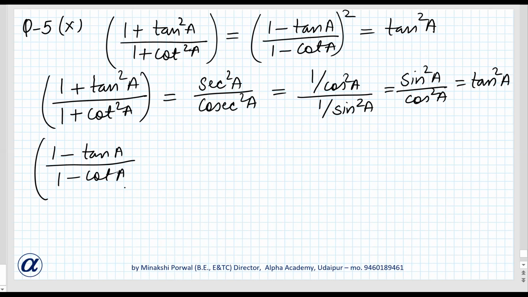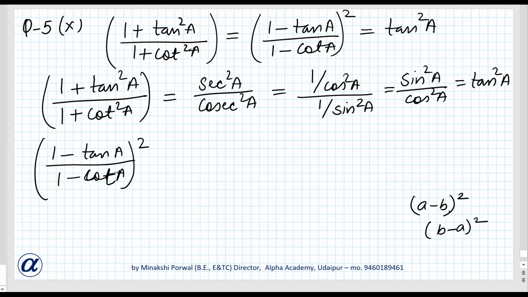Now one question I have: is a minus b the whole square and b minus a the whole square equal? No, ma'am. How many are saying no? I am asking, is a minus b the whole square equal to b minus a the whole square?